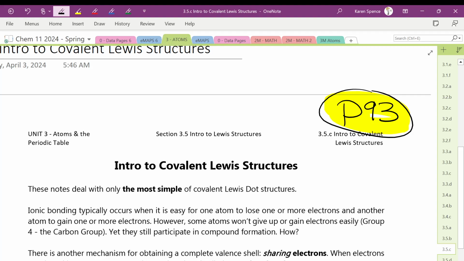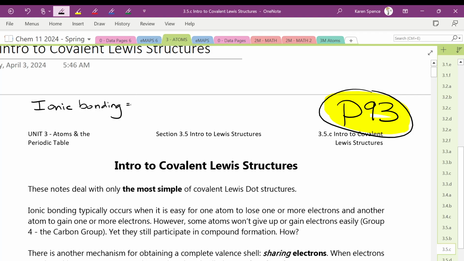So we have just been doing ionic bonding. Page 93. Oh, we can go over that afterwards. Okay? Yeah. Ionic bonding.